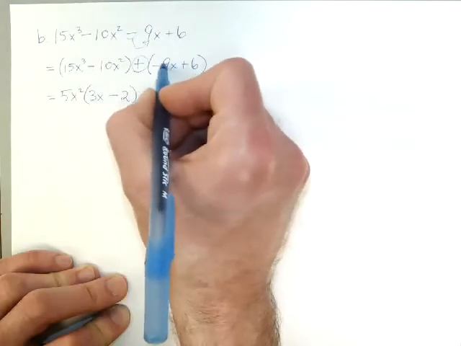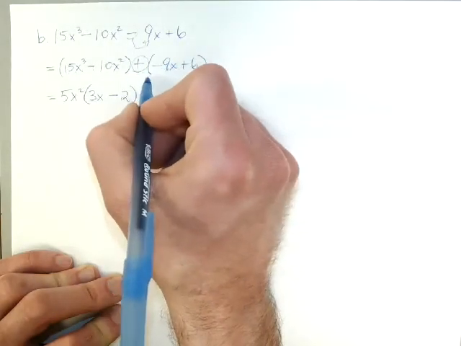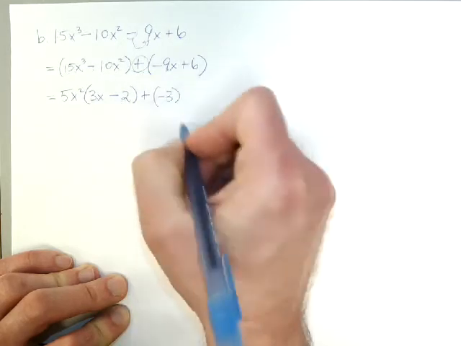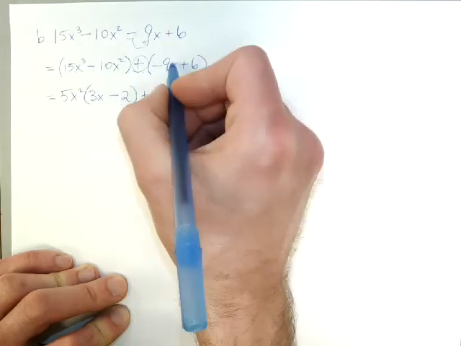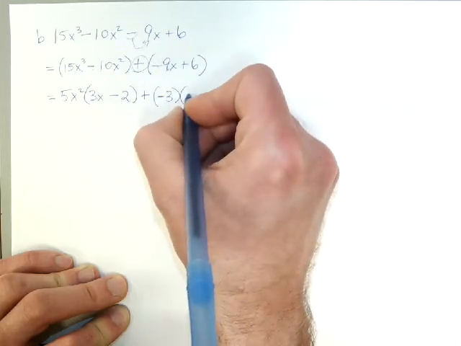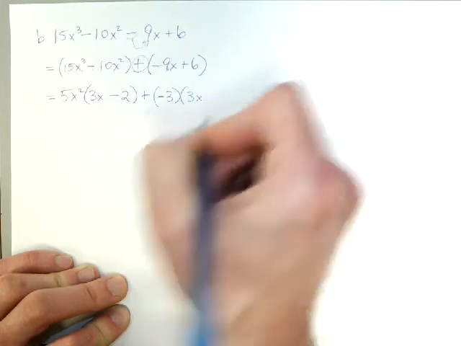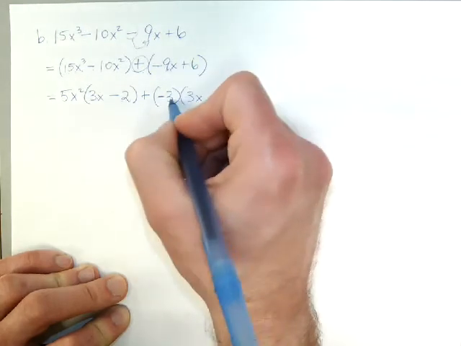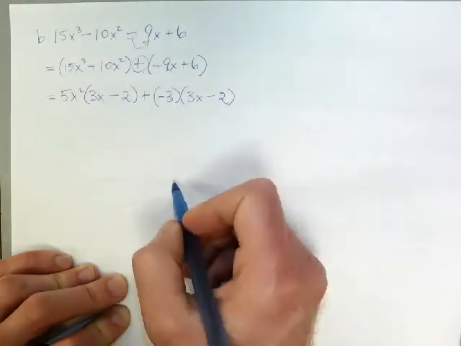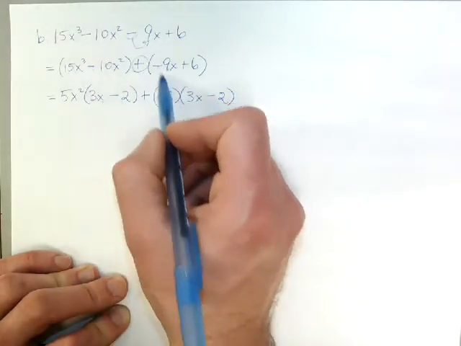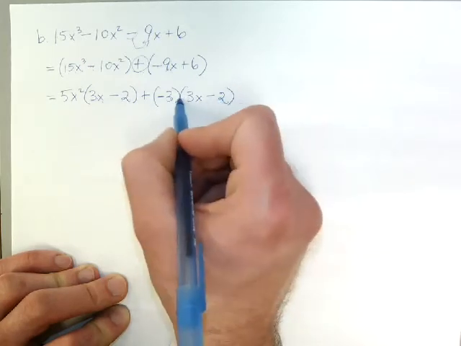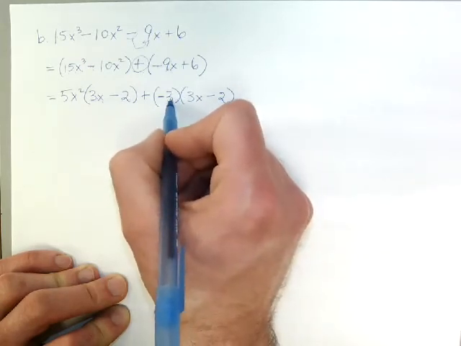In order to make it positive, we should factor out the negative sign too. So let's factor out the negative 3. When I divide negative 9x by negative 3, I get a positive 3x. When I divide a 6 by a negative 3, I get a negative 2. And that way they match. And that's also why I make sure to keep the sign with it. And I'm making sure I actually factor out the right term in the end.